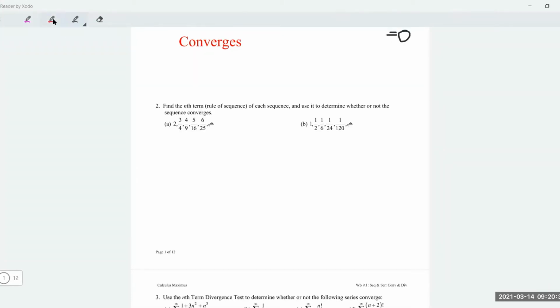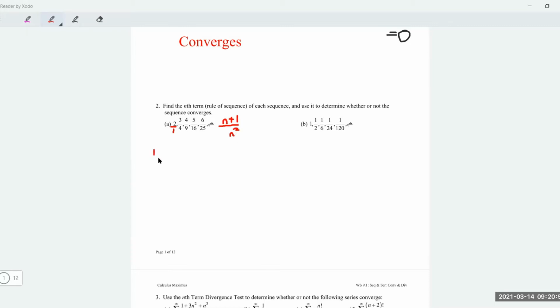As we can see, this is really 2 over 1. So in the numerator 2, 3, 4, 5, 6, the nth term is just n plus 1, over 1 squared, 2 squared, 3 squared, 4 squared, 5 squared. So the nth term is n squared.